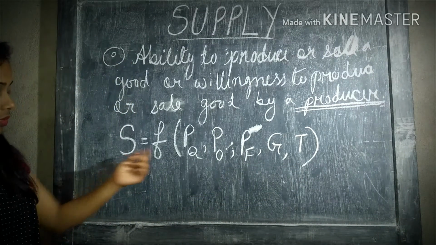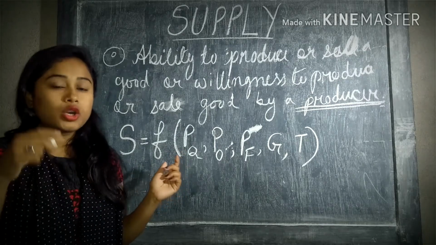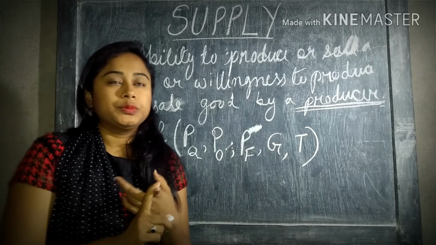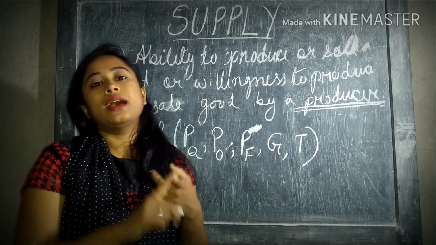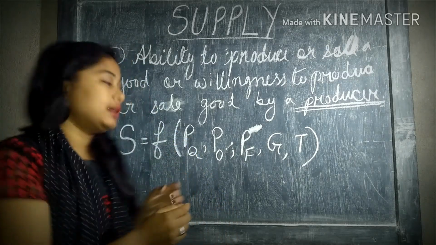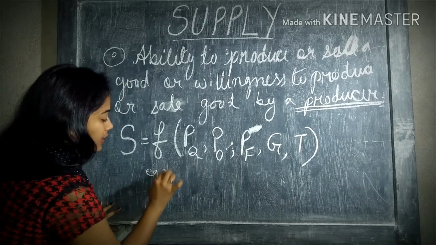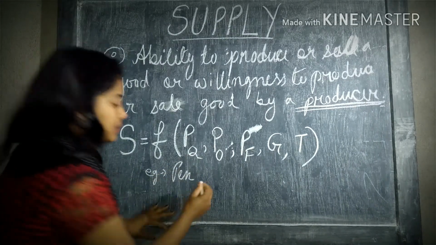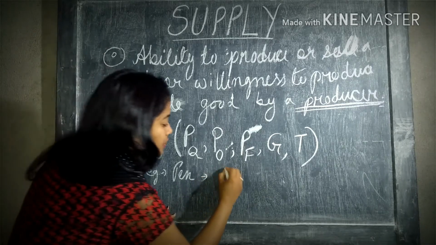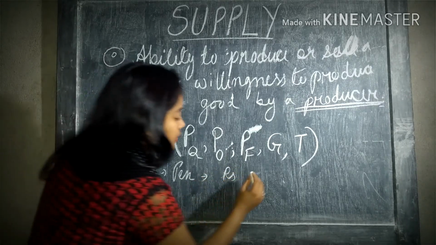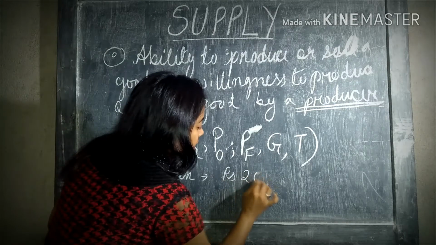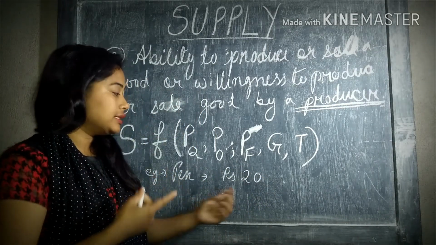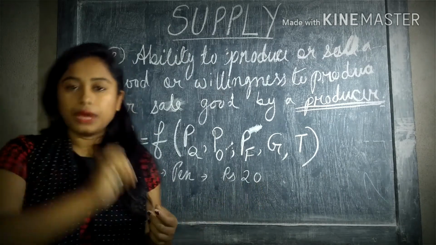So if the price of any commodity, suppose the commodity is a pen, okay, we take an example of a pen. Suppose the price of the pen increases from rupees 10 to rupees 20 in the market.